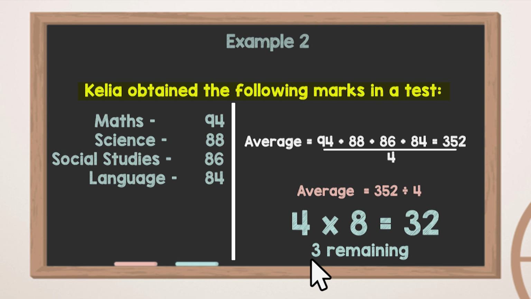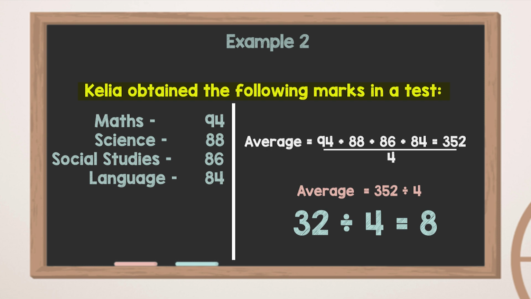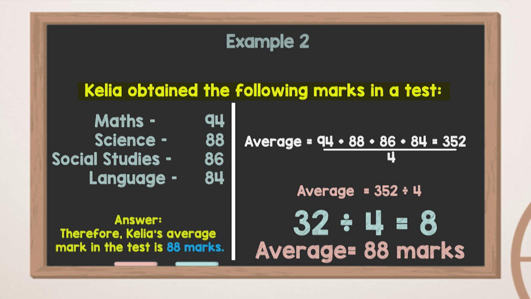So we put the 3 near to the 2 that is left there. So we have 32 divided by 4. 4 into 32, 8. So the average is 88 marks. Therefore, Kelia's average mark in the test is 88 marks.